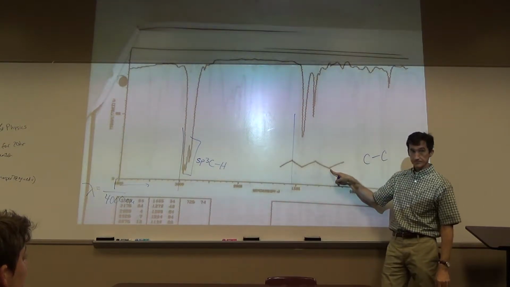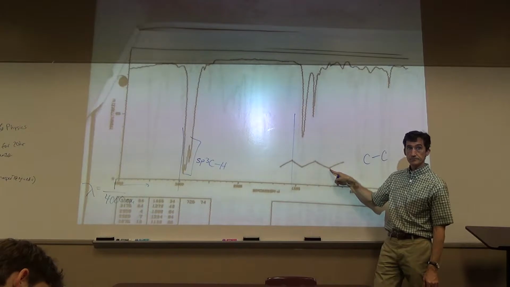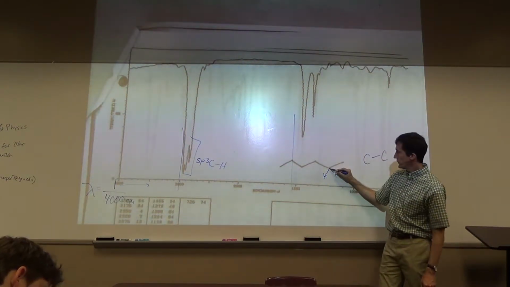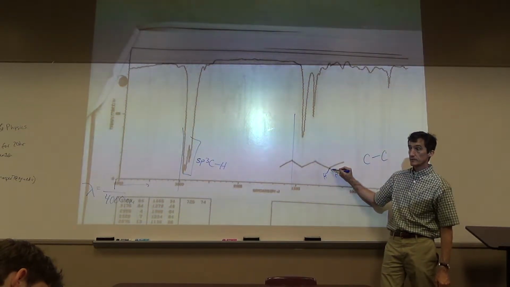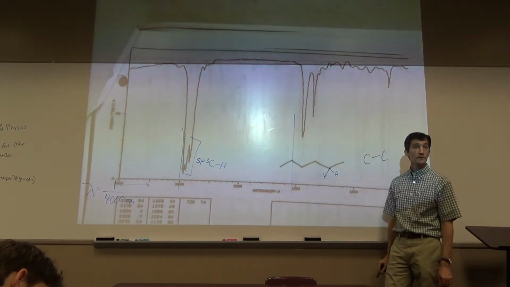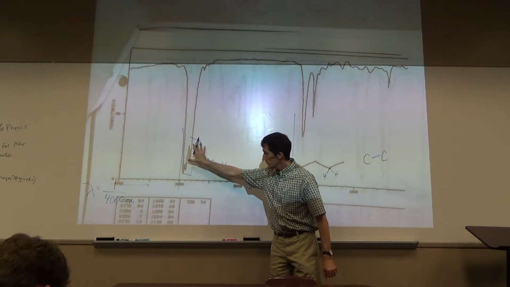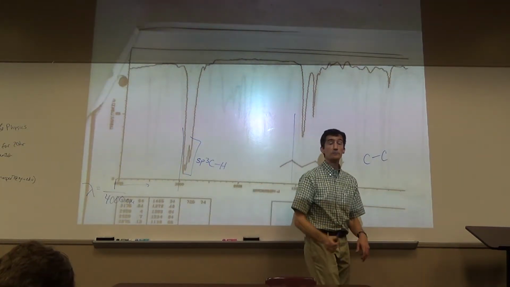Look at that carbon. How many H's on that carbon? 2 H's. So how many bonds is it making? 4. You agree that should be tetrahedral? Yeah, it's sp3. So all of them are sp3 C-H, and so you get peaks just below 3,000. Note that just above 3,000 there's nothing there, because there's no sp2 C-H.